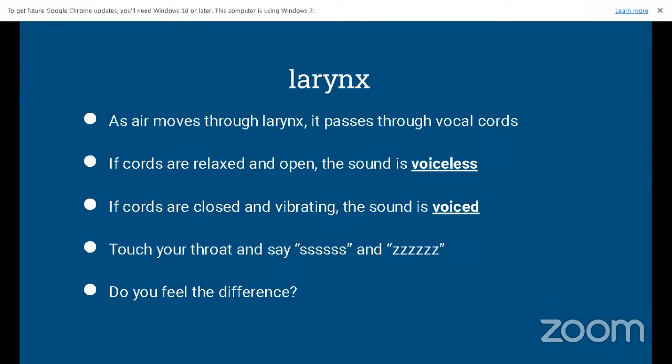Very good. S is voiceless, because it is quite soft when you pronounce it. Z is quite harsh, I mean, it is voiced. You can feel the vibrations if you just touch your throat.